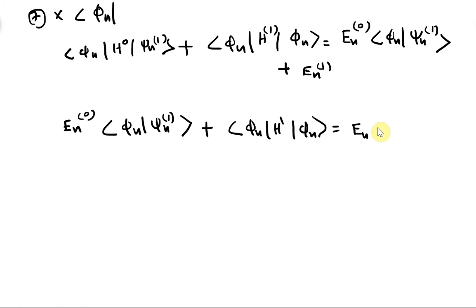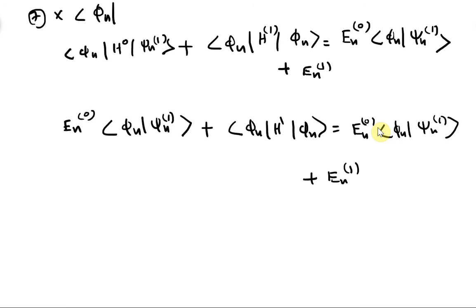There is no need to solve it. En0 phi n psi n1, plus what is remaining is nothing but En1. So this quantity is there on both sides of the equation, and that will cancel. Those two terms will go.